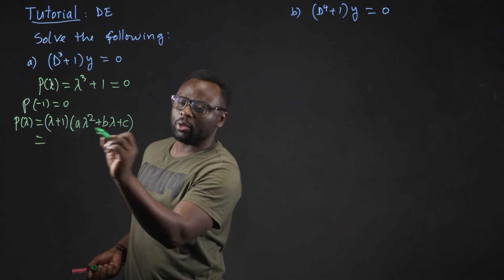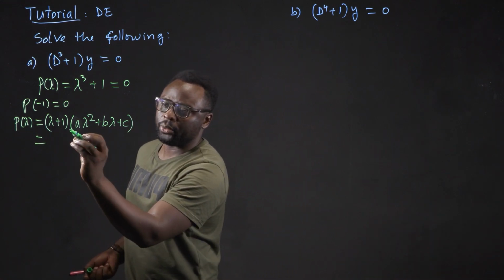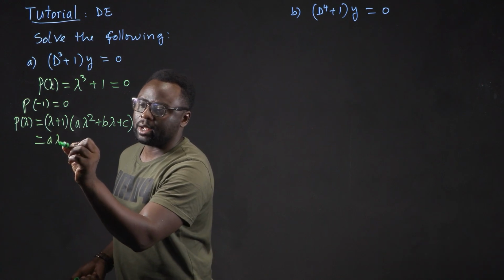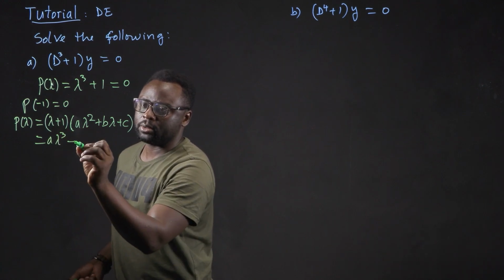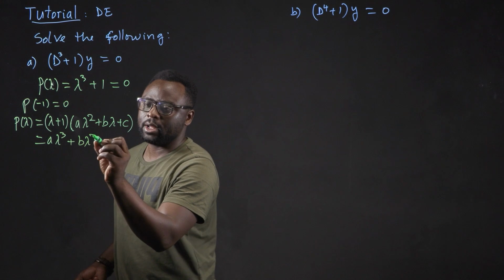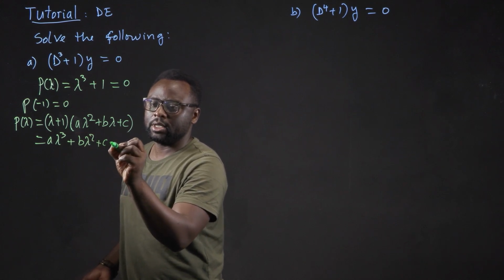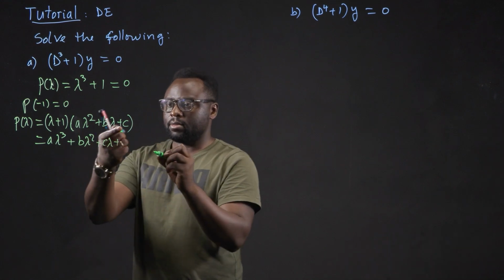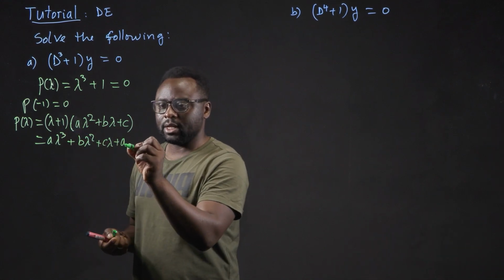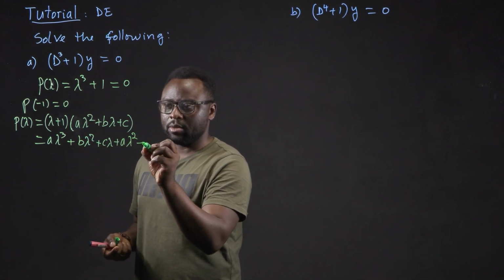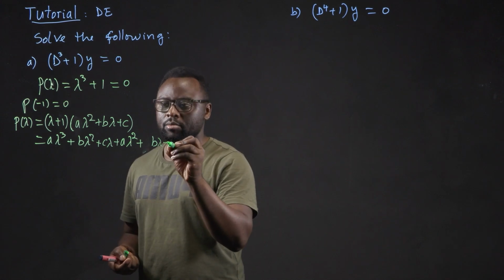So if we multiply this through, we obtain a times lambda cubed plus b times lambda square plus c times lambda, plus the second part: a lambda square plus b lambda plus c.